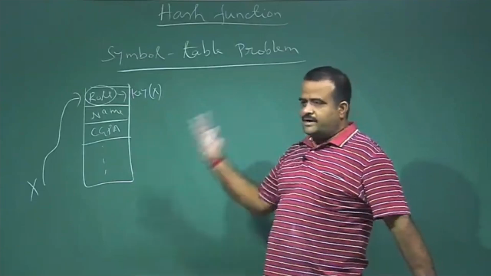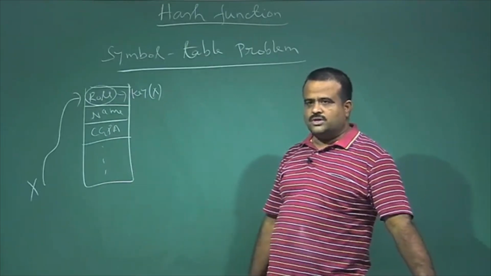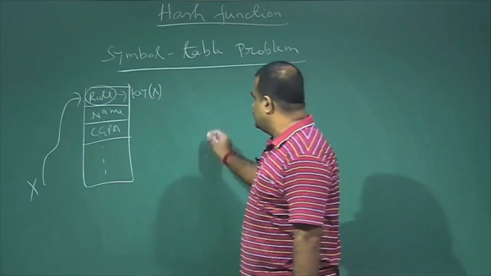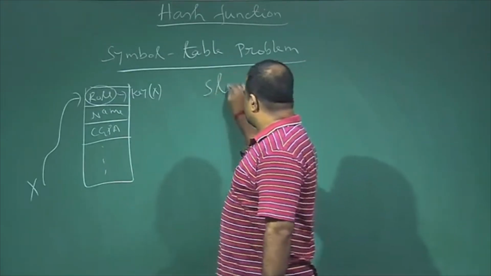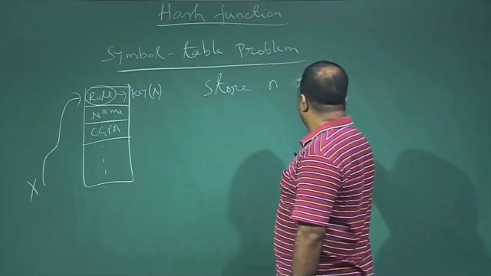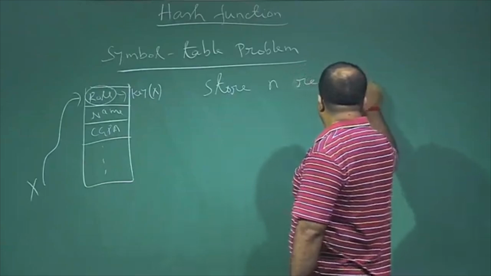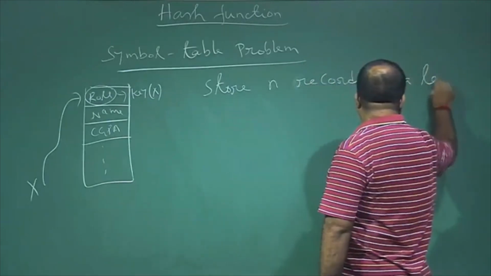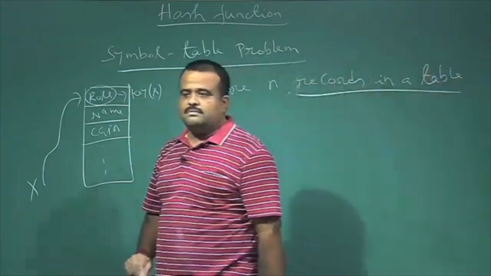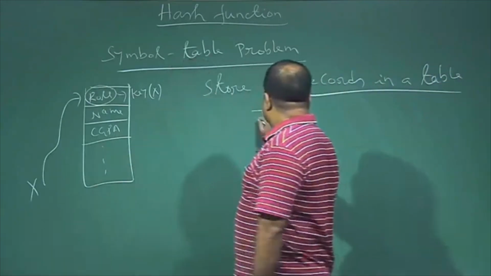Now we have such n records, and we need to store the records in a table. This is a dynamic set. Say at some point of time there are n records in a table, and we should be able to perform dynamic operations like insert.